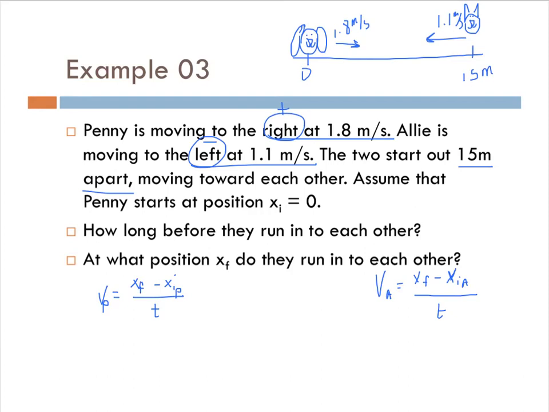So I want to solve one in terms of final position. That means I multiply by t, cross that out, multiply by t, so that I get velocity of Penny times time is equal to the final position of Penny minus the initial position of Penny.